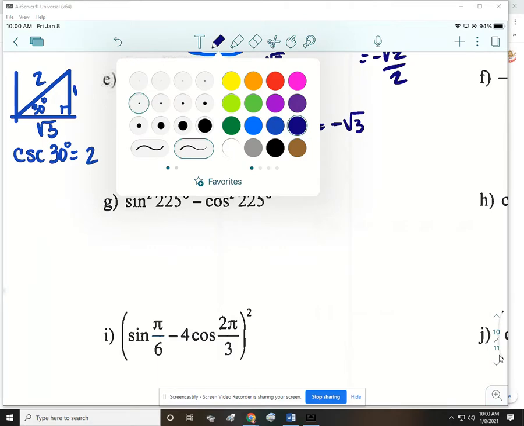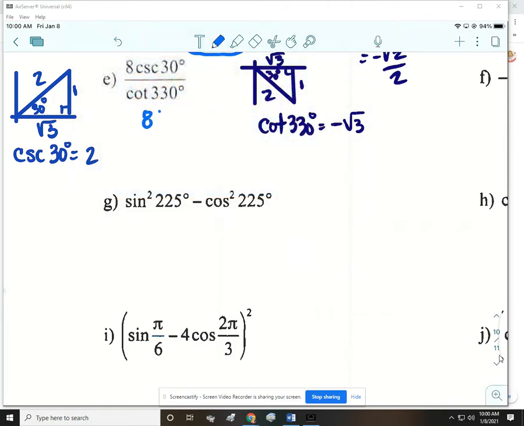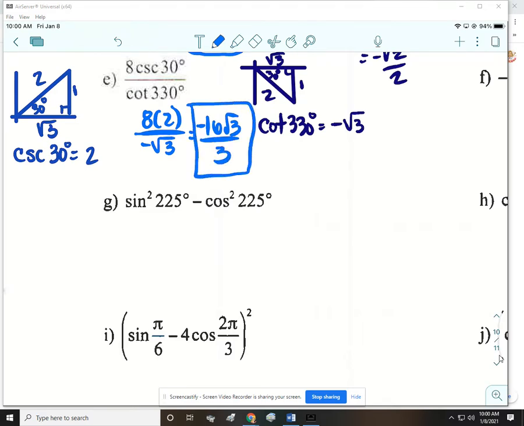Then I'm ready to plug in. Okay, so that would give us negative 16 over the square root of 3, which I would want you guys to reduce down to negative square root of 3 over 3.